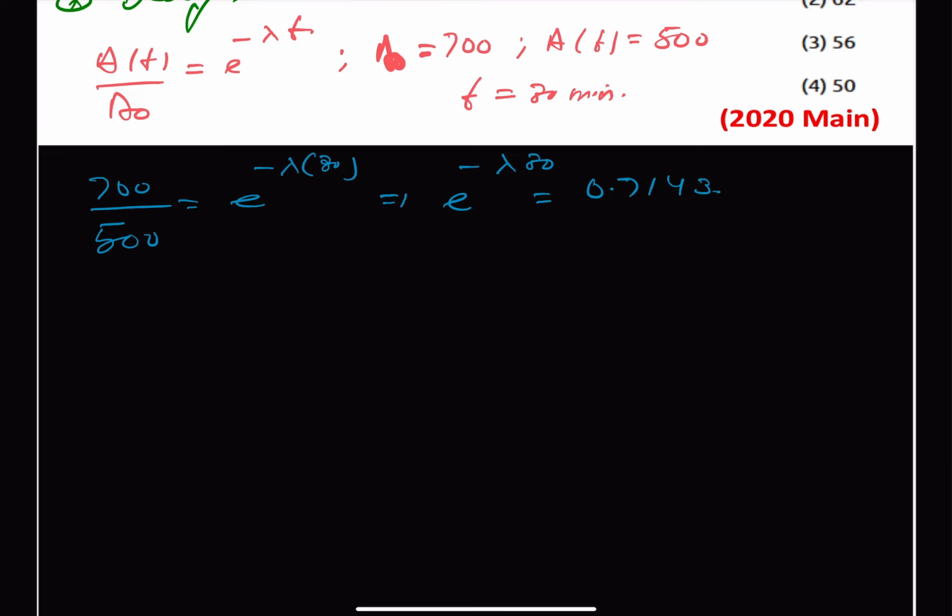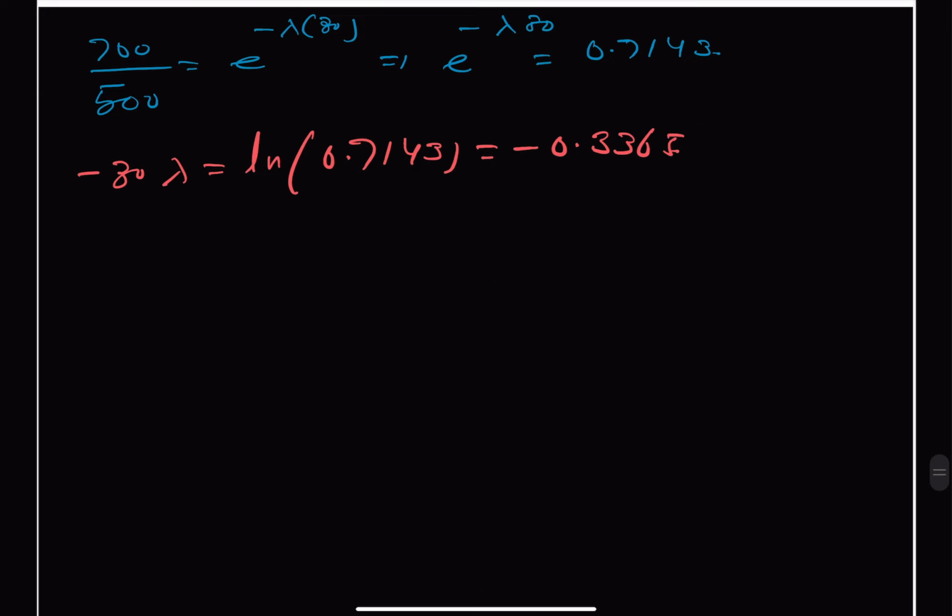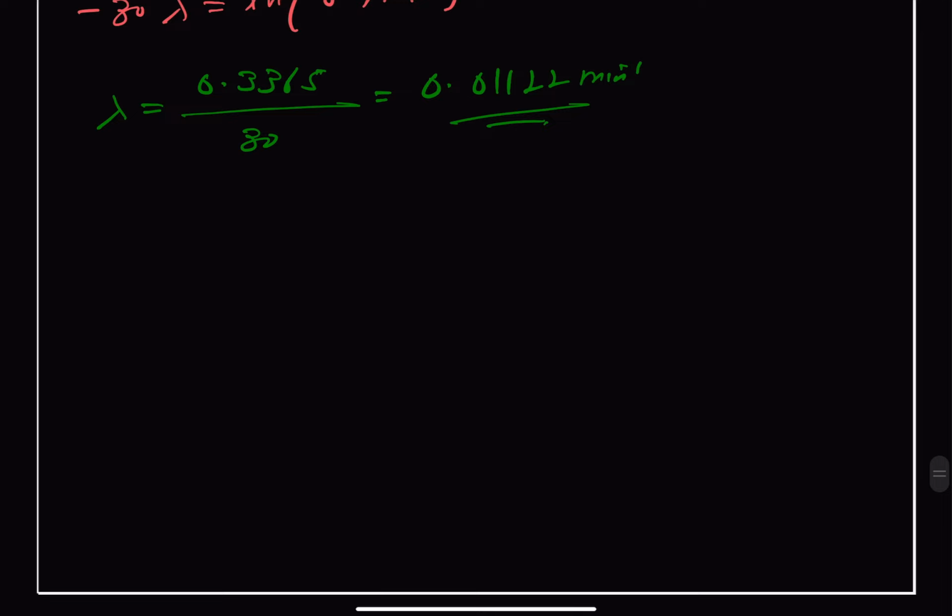We get minus 30 lambda is equal to natural log of 0.7143, which equals minus 0.3365. Therefore, lambda is equal to 0.3365 divided by 30, and this comes as 0.01122 per minute.